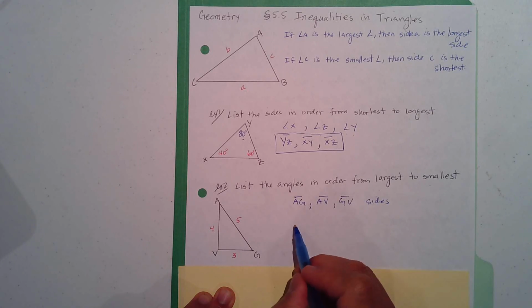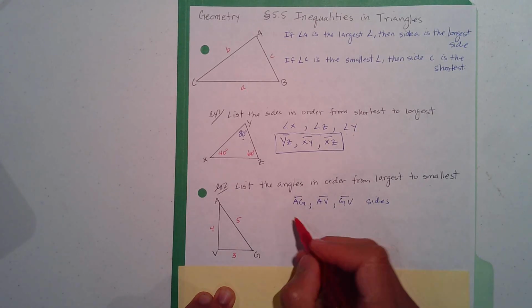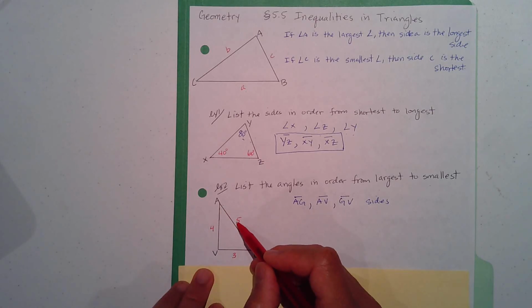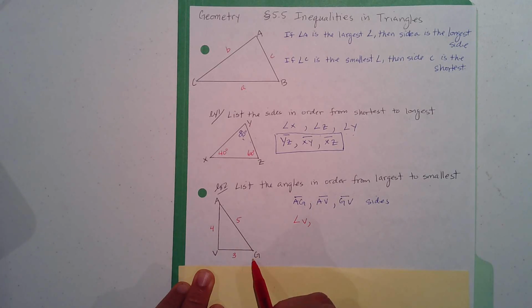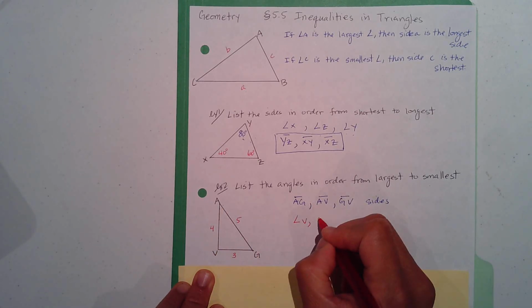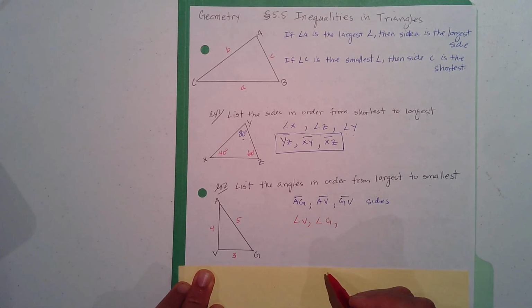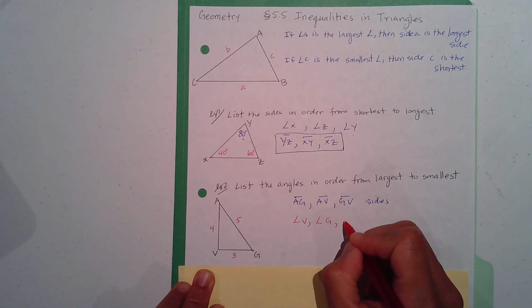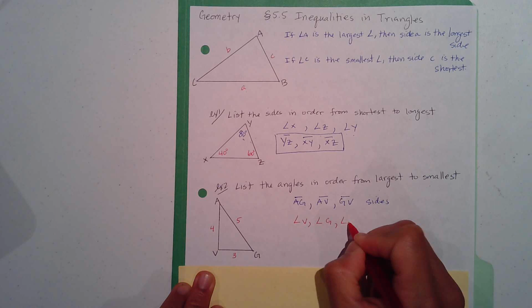So now let's list the angles. The angles are going to be, let's see, AG. Opposite AG is angle V. Opposite side AV is angle G. And the last one is angle A. That's the shortest side, smallest angle.